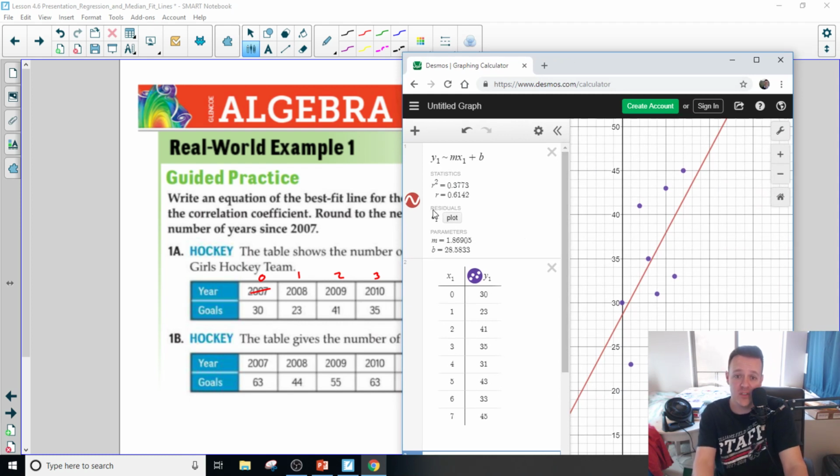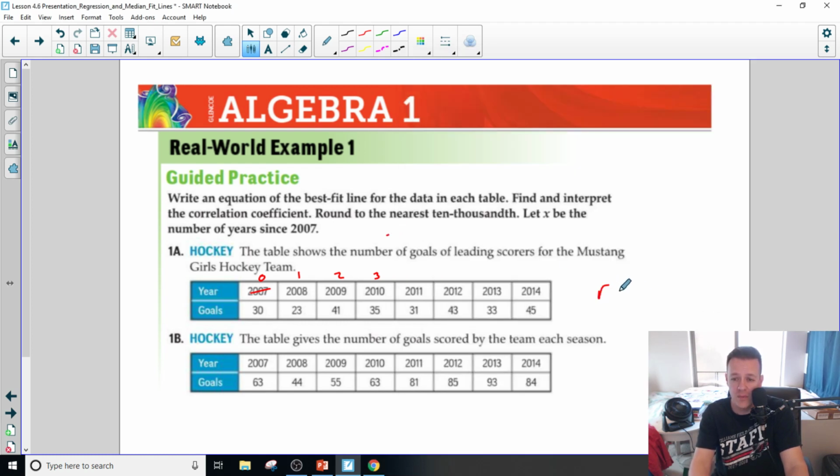My R value is 0.61, so it's a positive correlation. Okay, and I'm going to run out of room because I don't think I can write it in here.